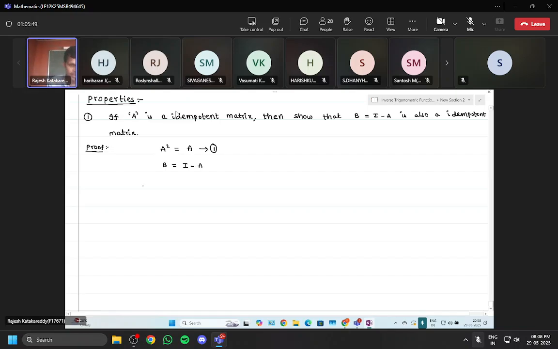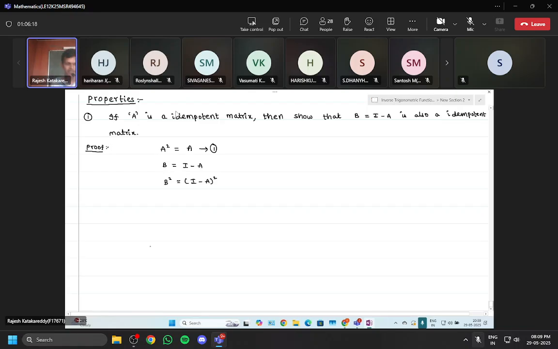For that, squaring on both sides, B square is equal to I minus A whole square. In matrices, normally you cannot apply the formula for A plus B whole square. You cannot write A square plus 2AB plus B square unless A and B are commutative. Here I don't have A and B, I have only A and identity, and matrix multiplication with identity is commutative.